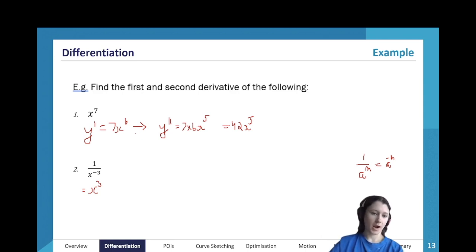So here our index was -3. Bringing it up, we just need to change the sign of it, which gives us x to the 3. So our first derivative here will be 3x squared. Our second derivative, so we're going to derive 3x squared, will give us 3 times 2, x to the 1, which is 6x.